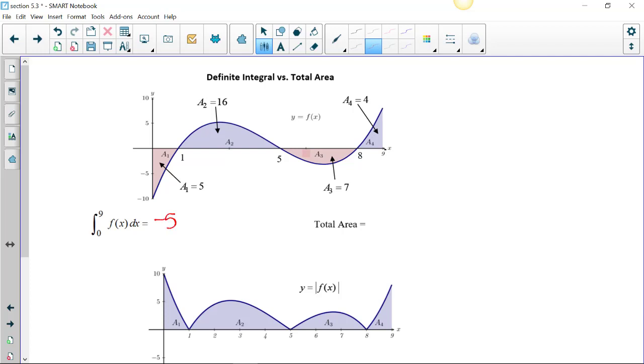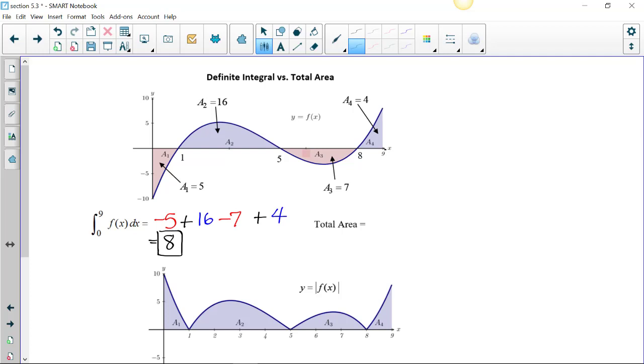So I've got -5, plus my second area, A sub 2, which is 16. The next one is below, so that's going to be negative, so I'm actually subtracting 7. And then adding 4 for the last region above. So for my definite integral, I get 20 minus 12, which is 8.